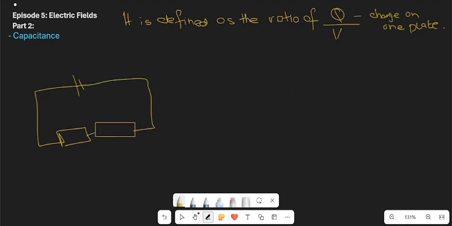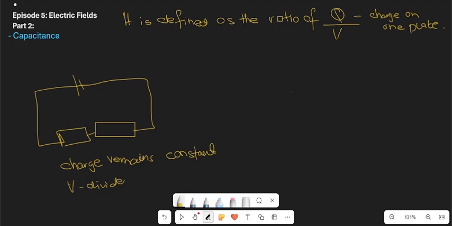In this part, do you remember how when two resistors are in series, the charge remains constant and the potential, the volt, divides?